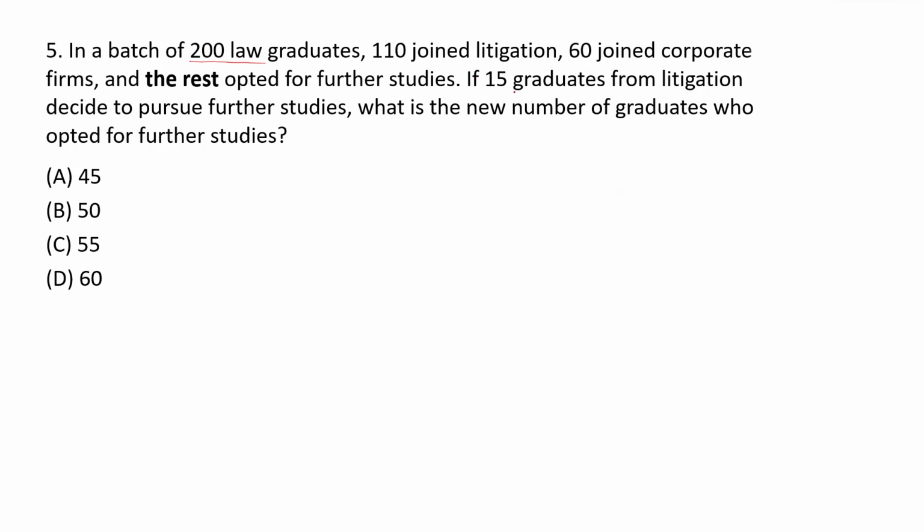If 15 graduates from litigation decide to pursue further studies, what is the new number of graduates who opted for further studies? Can you tell me? So, total number of graduates who pursued further study. So, total, how many students were there? 200 total students, right?